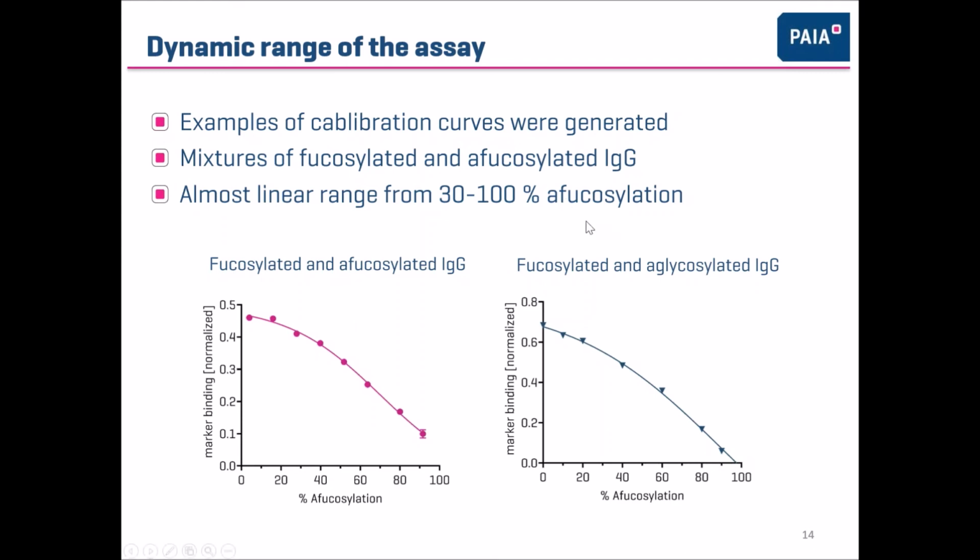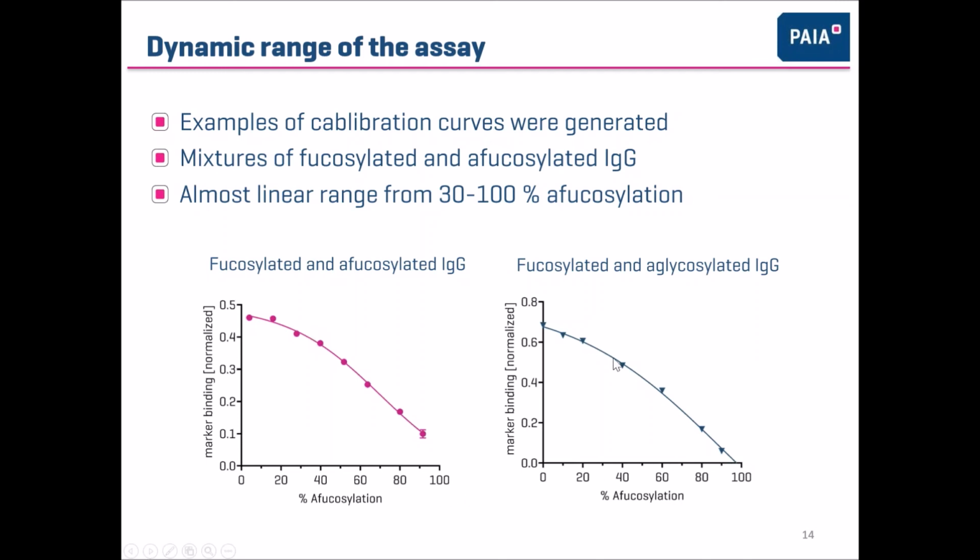And in both scenarios, you see quite nice calibration curves with an almost linear range of like 100% afucosylation to maybe 30, 40, whatever. And then there's a tendency that this curve kind of flattens out here towards 100% fucosylation.